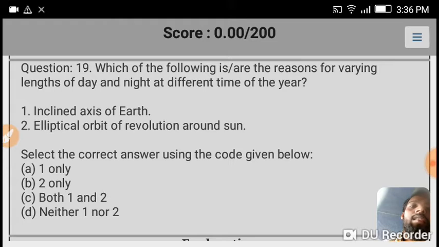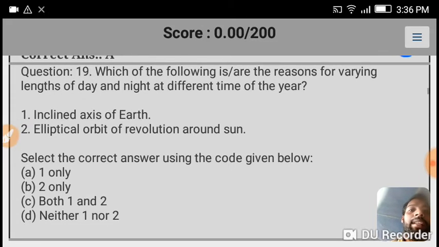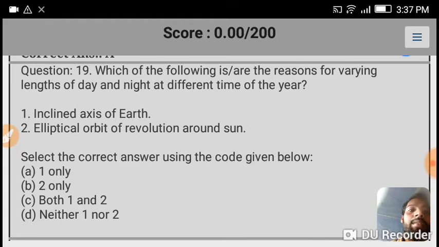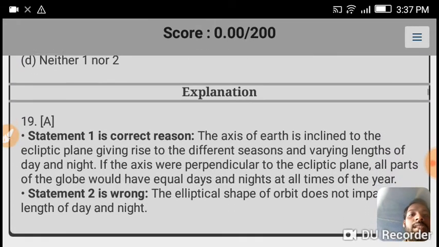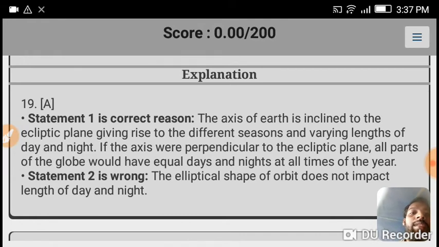The inclined axis of the Earth is the main reason for varying length of day and night at different times of the year. The elliptical orbit of revolution, no, it is not correct. So statement one is correct.